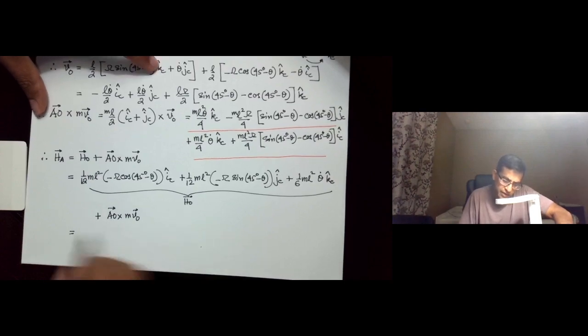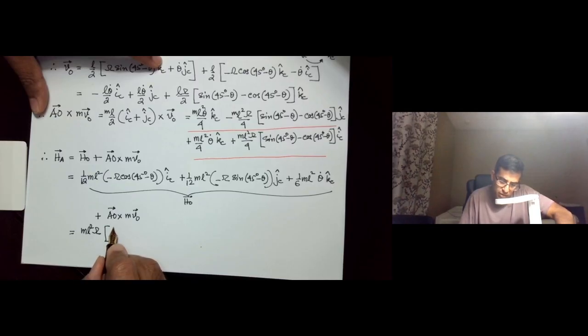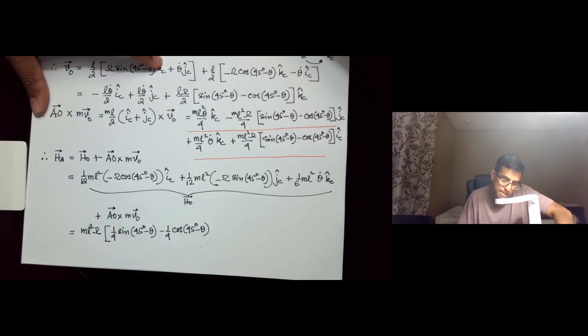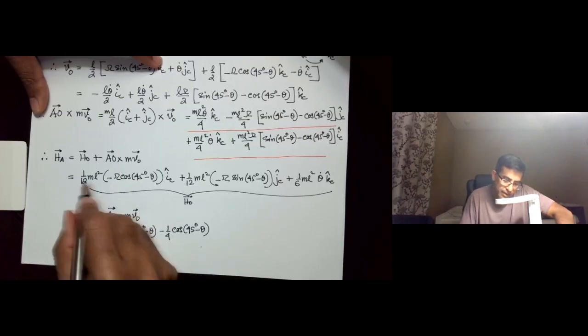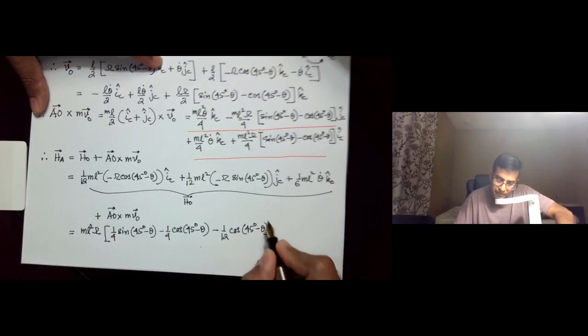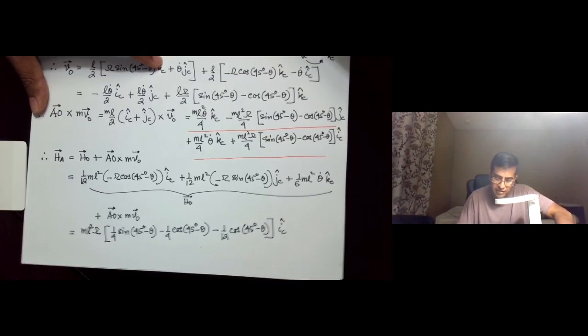So we will have ml squared capital omega times 1/4 sine of 45 degrees minus theta minus 1/4 cosine of 45 degrees minus theta minus 1/12 cosine of 45 degrees minus theta, and this is in the IC direction.